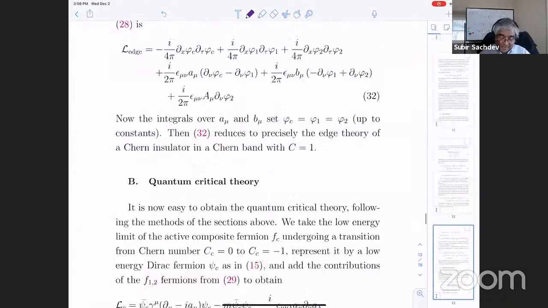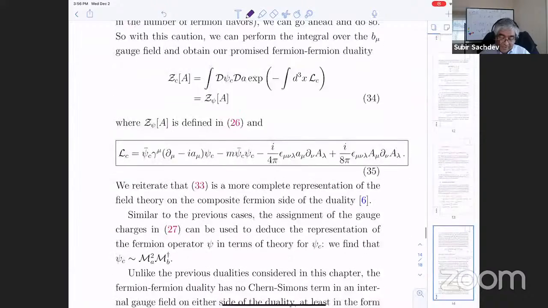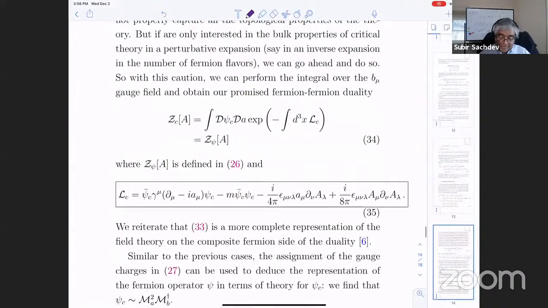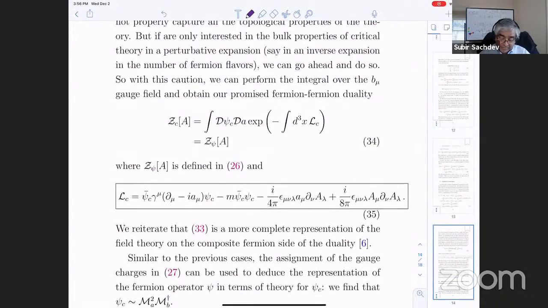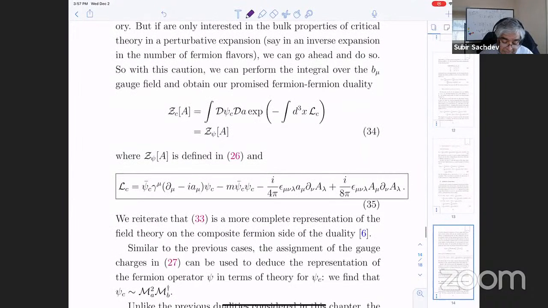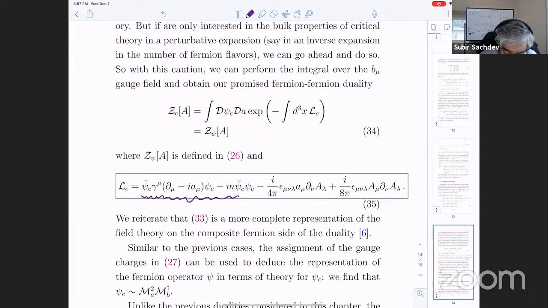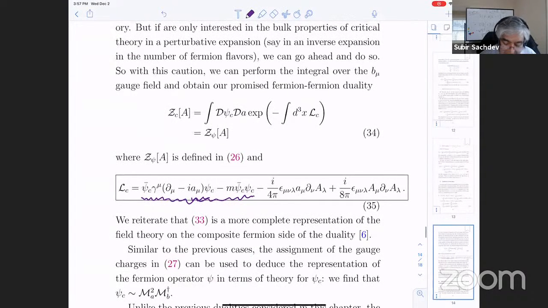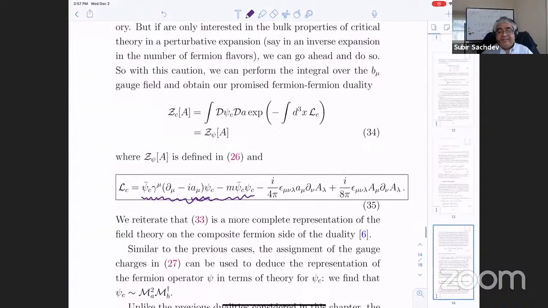And when the dust settles, you get a fermion-fermion duality, which in fact, in the absence of external gauge field, there is no Chern-Simons term on either side. So basically what you end up showing is that this theory, Dirac fermion coupled to U1 gauge field, is the same as the dual of a free Dirac fermion.